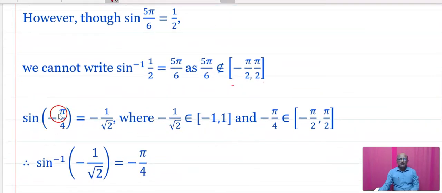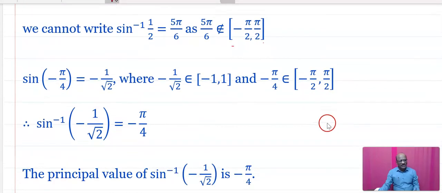Next, sine of minus pi by 4 is equal to minus 1 by root 2, where minus 1 by root 2 belongs to the closed interval minus 1 to plus 1, no problem. And minus pi by 4 also belongs to the closed interval minus pi by 2 to plus pi by 2. Hence these two conditions are satisfied, and that's why sine inverse of minus 1 by root 2 is equal to minus pi by 4.